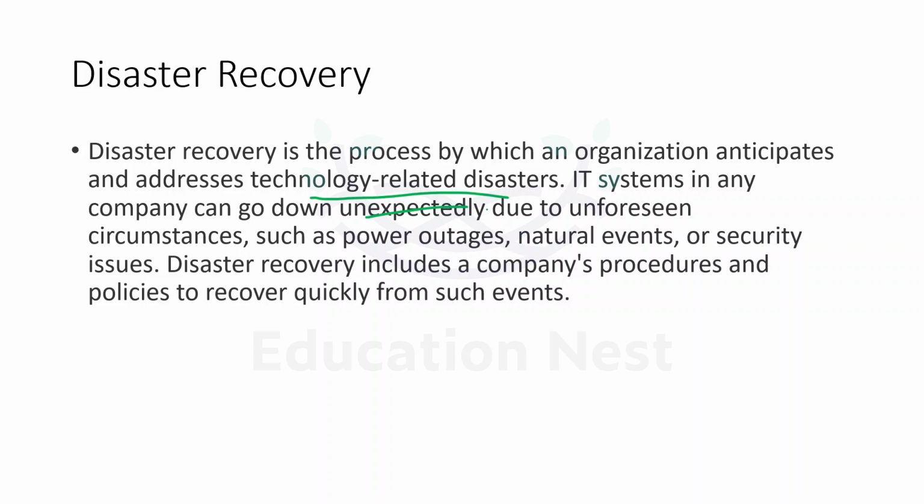This plan typically includes measures to prevent and mitigate disasters, such as regular data backups, redundant systems, and geographically dispersed data centers. That's where AWS comes into the picture, with its global infrastructure.